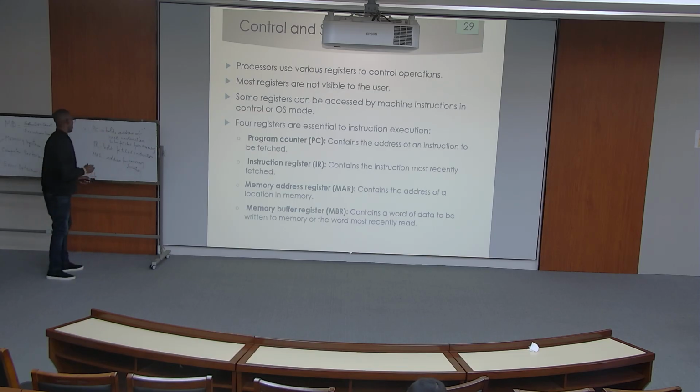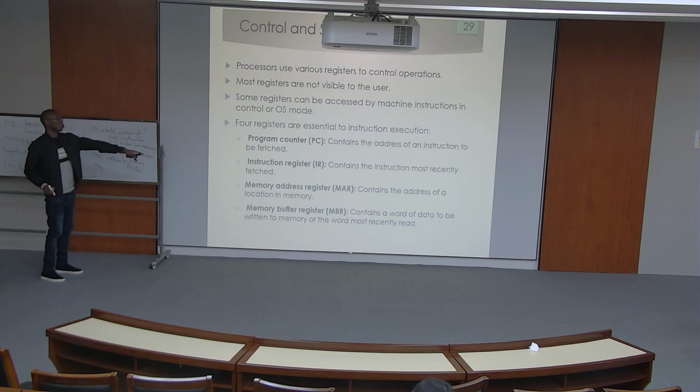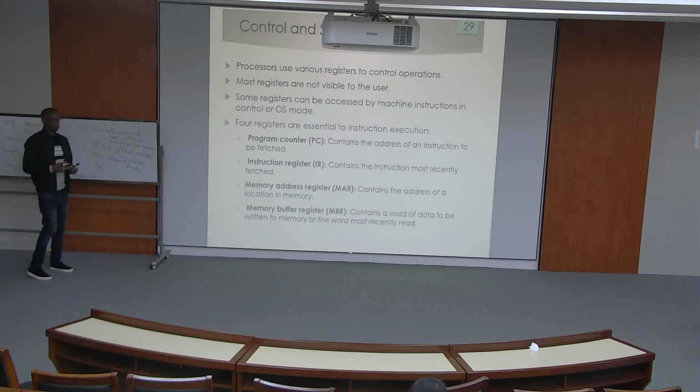Then we have the memory buffer register, MBR, which is there to contain words or data to be written into the memory. It acts as a buffer between the memory and the CPU.